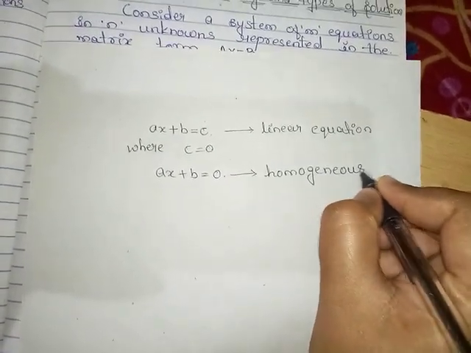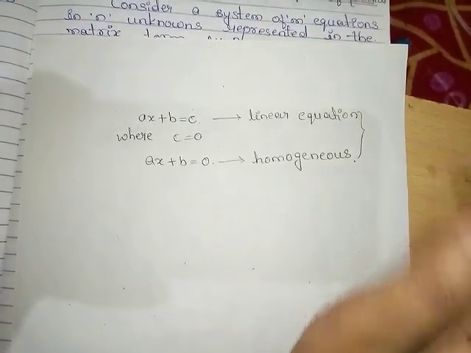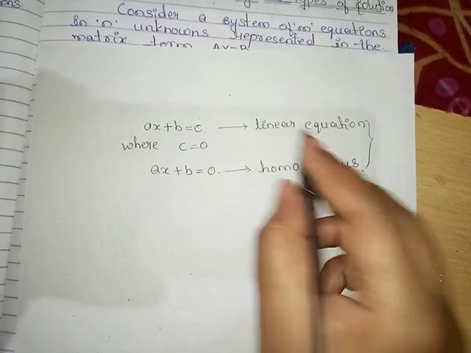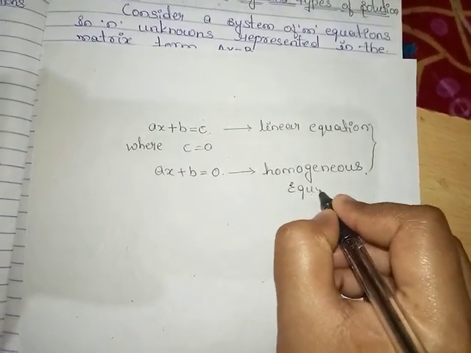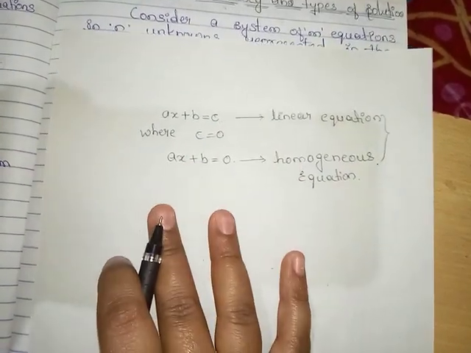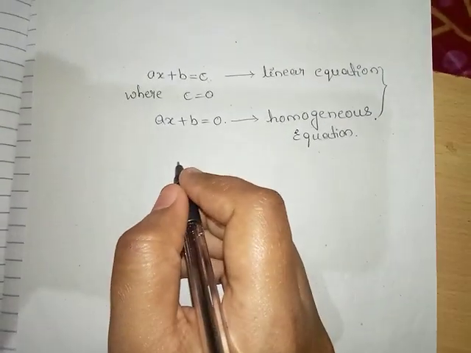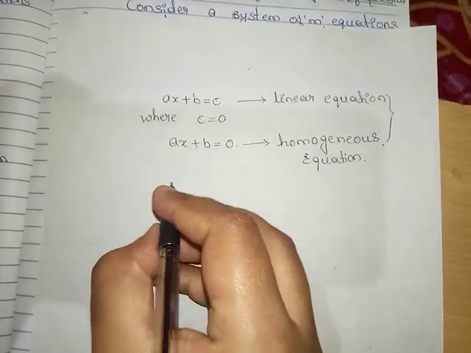From these examples, you will clearly understand what is an equation and what is a homogeneous equation. This linear equation is a homogeneous equation which is in linear form. Then what is the quadratic equation?